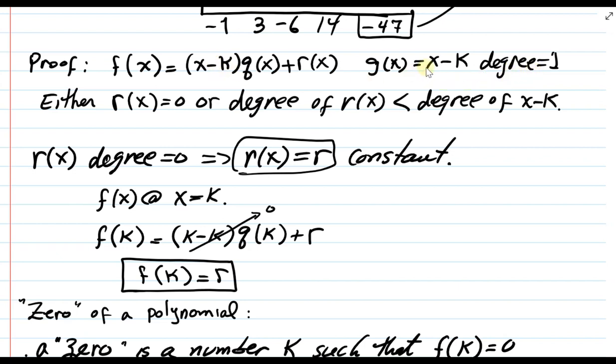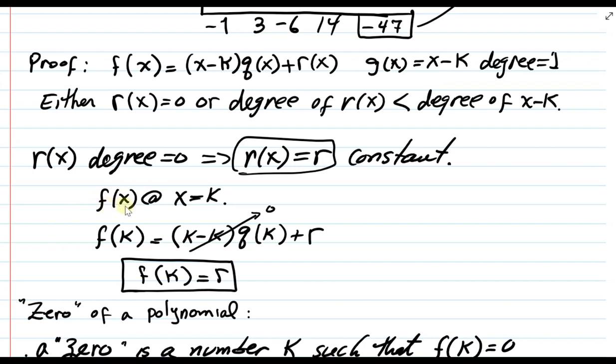The degree of x minus k is 1. Now, because we are dividing in a long division by x minus k, the divisor, the remainder either will be 0 or has a degree that is less than the degree of x minus k, because the degree of x minus k is 1 again. So that means the degree of the remainder has to be 0 if there is a remainder. A 0 degree polynomial is a constant.